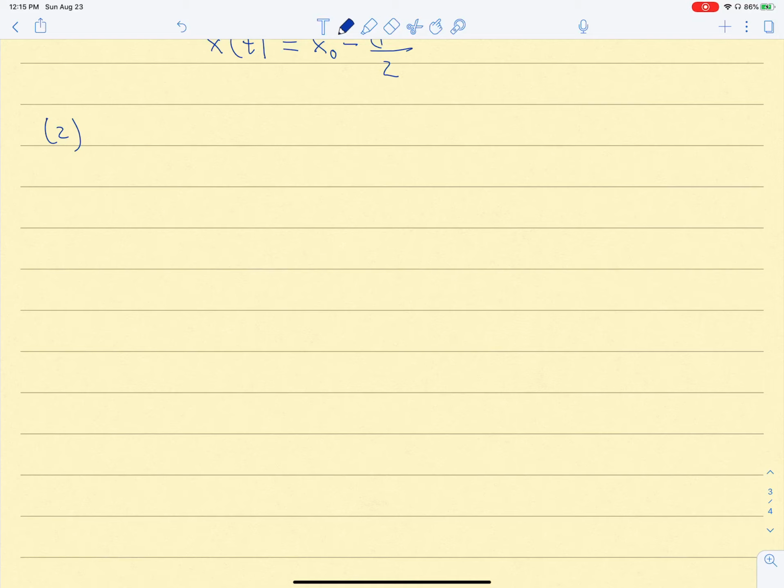Let's look at the problem where you consider radioactive decay.